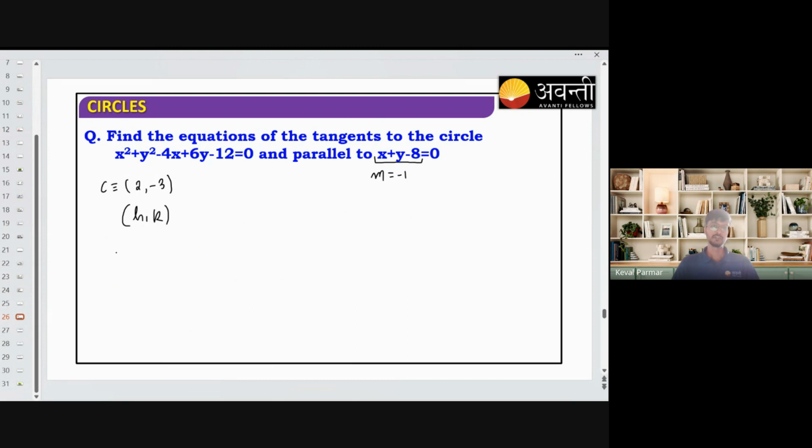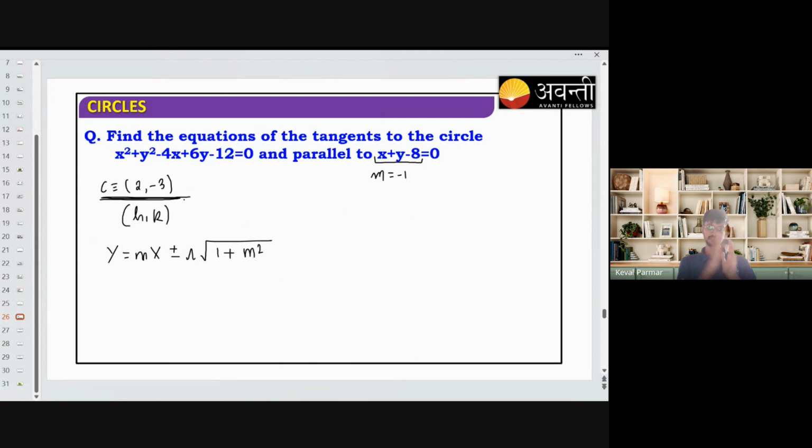What was the equation of tangent? It was y is equal to mx plus minus r under root of 1 plus m square. Correct, guys? Now here, what was capital Y? Please remember, here we use shift of origin. Why? Because the center, as you can see, is not at origin.